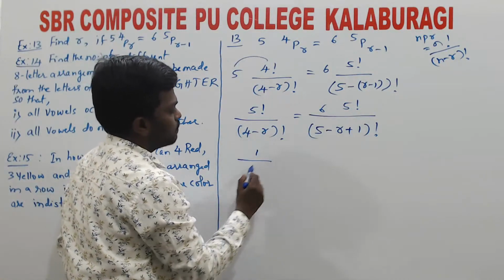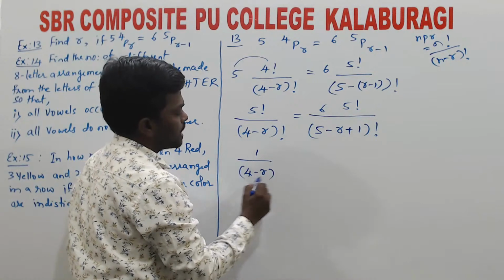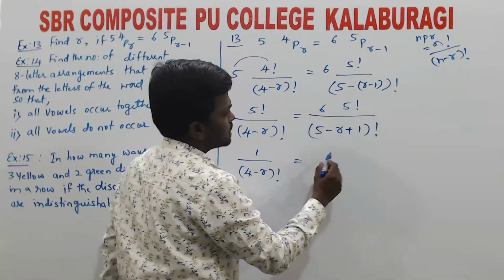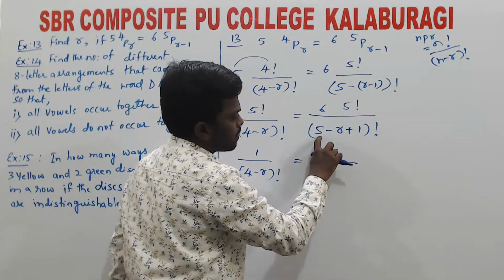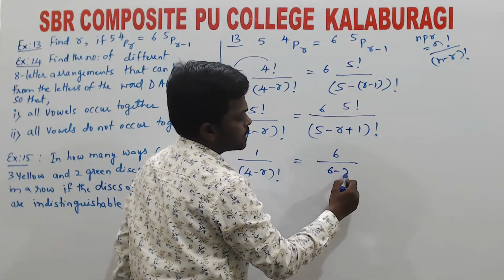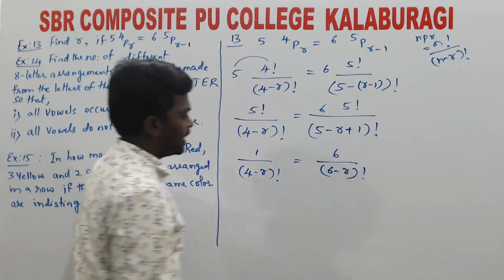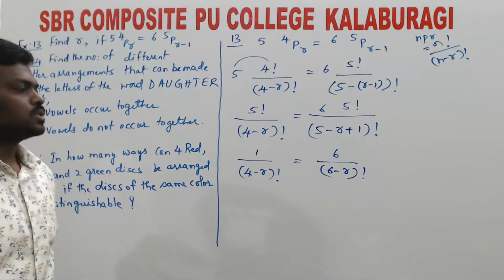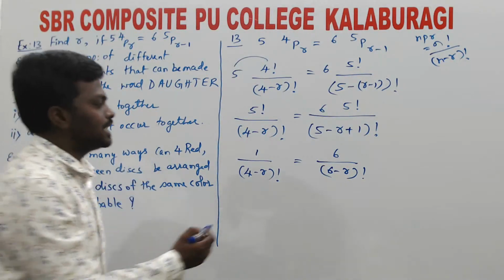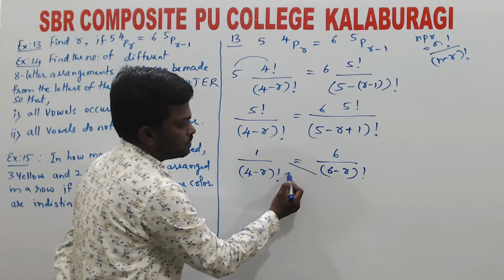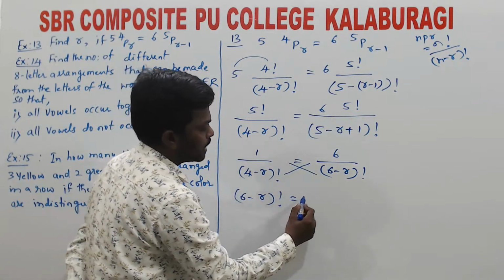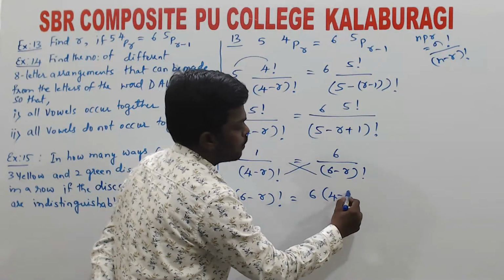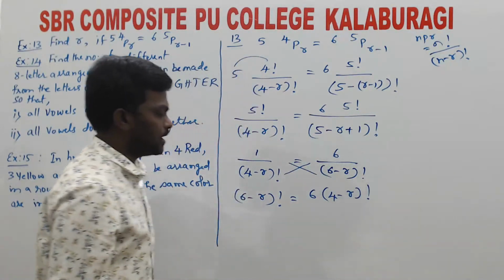So we will be left with 1 by (4 minus r) factorial, which is equal to 6 divided by (5 plus 1 is 6) (6 minus r) whole factorial. Yes, students, now let me cross multiply. So (6 minus r) whole factorial is equal to 6 into (4 minus r) whole factorial.